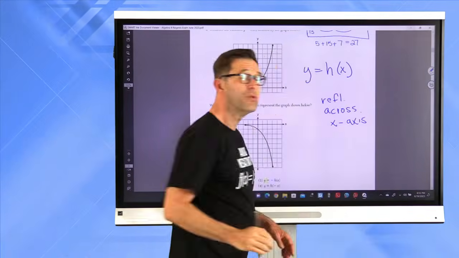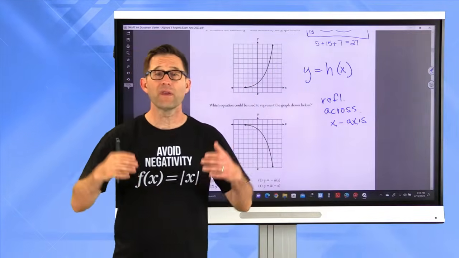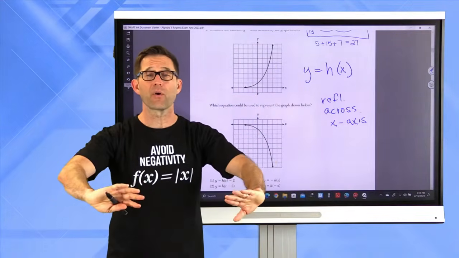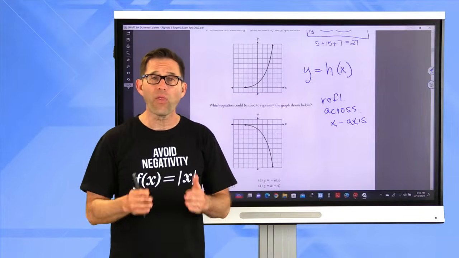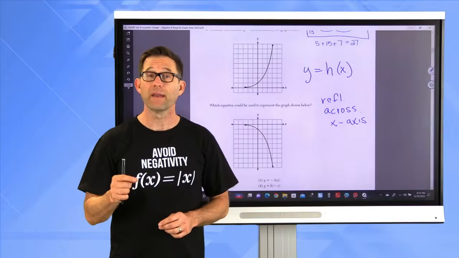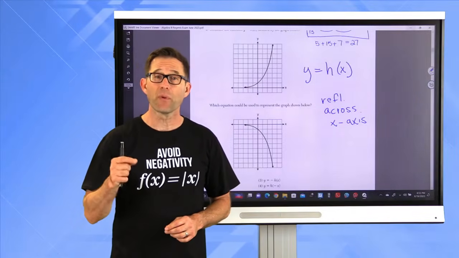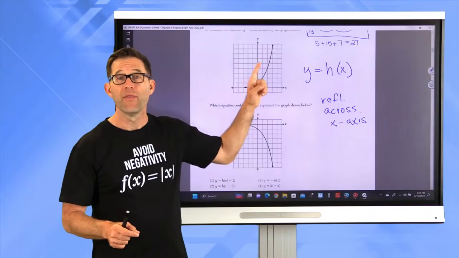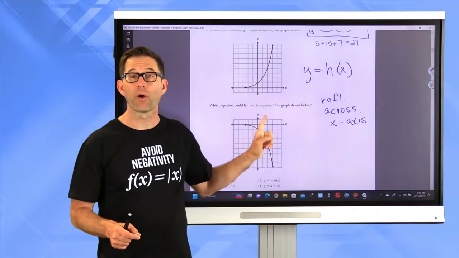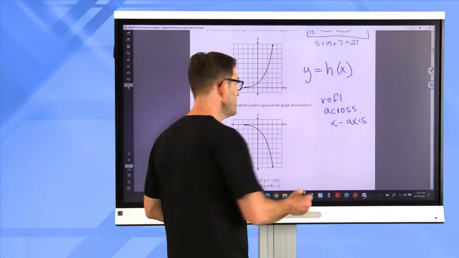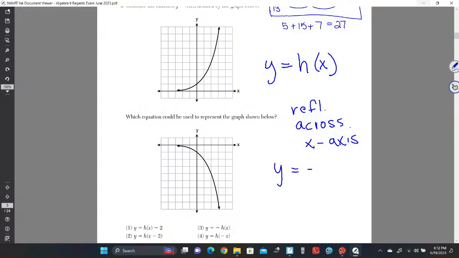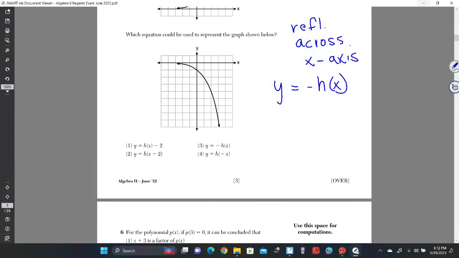And the way that we do that each and every time, if I want to take a function's graph and flip it across the x-axis, what I'm doing is simply multiplying all the values of the outputs by -1. Because when I multiply the y values by -1, then when I have a y value here of 4, it becomes a y value down here of -4. And so all this is y equals negative h of x. And that is choice 3.